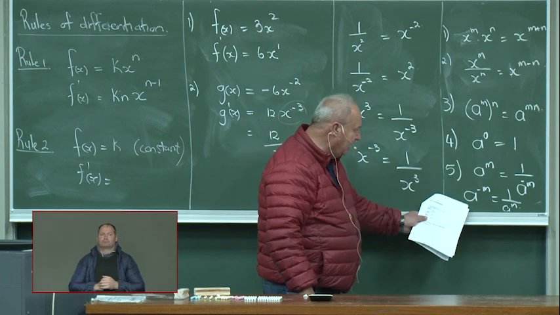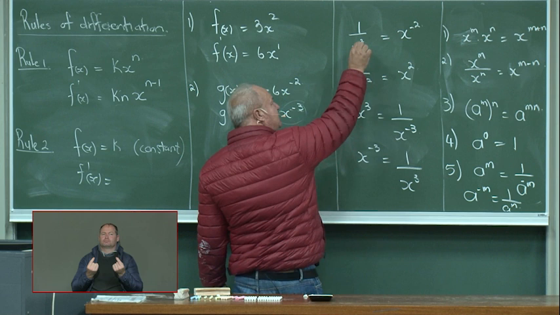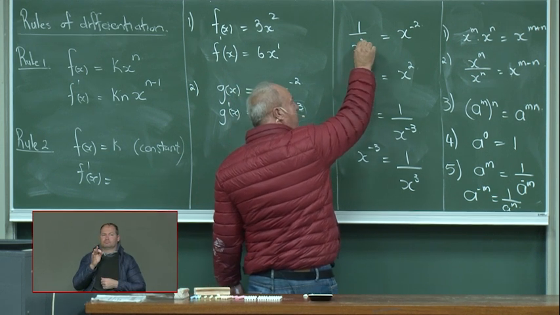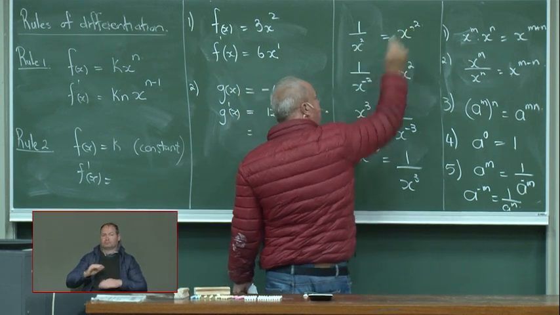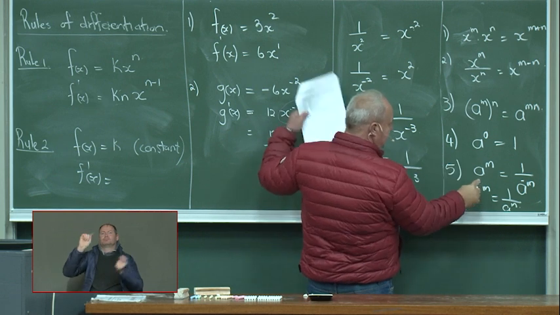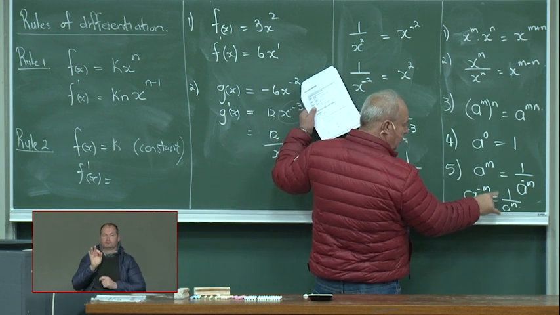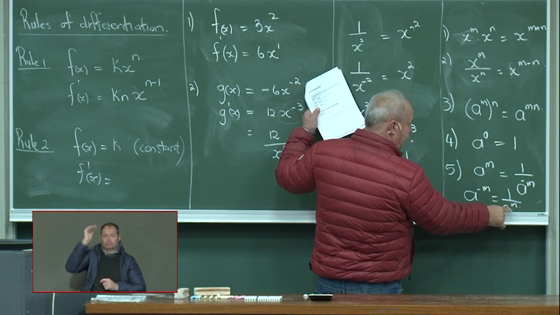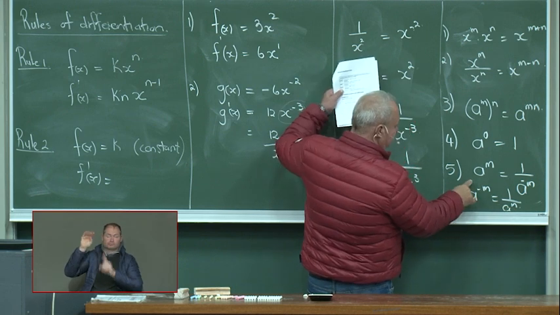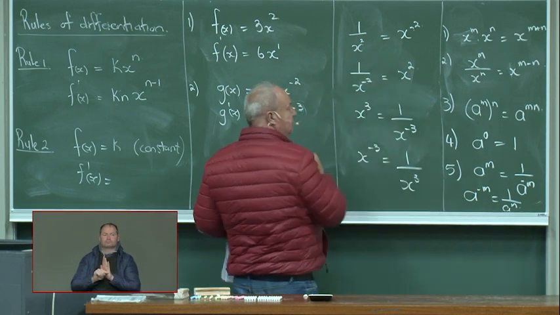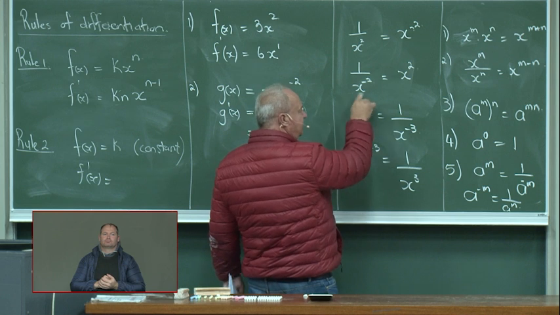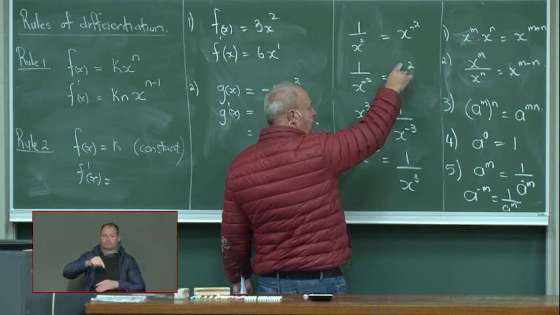So what have I done here? If it's positive at the bottom and I take it to the top, I change the sign of the exponent. If it's negative at the bottom and I take it to the top, I change the sign.